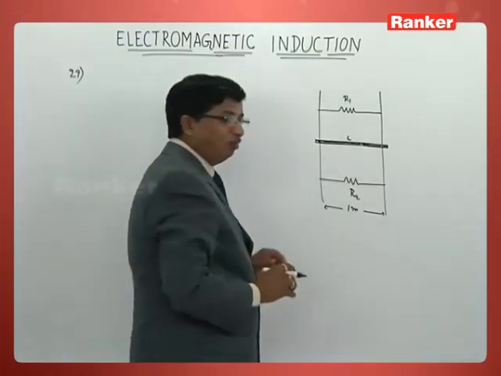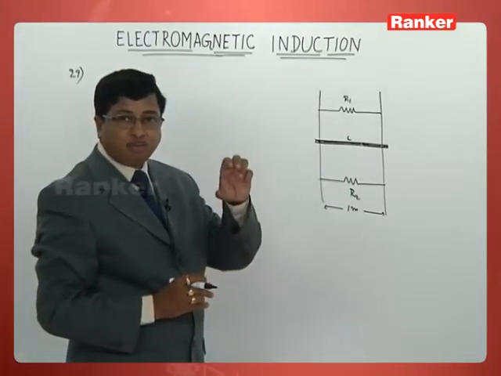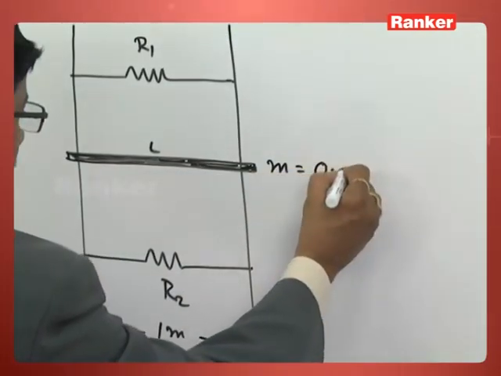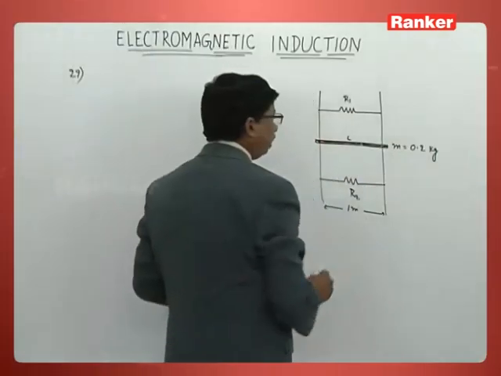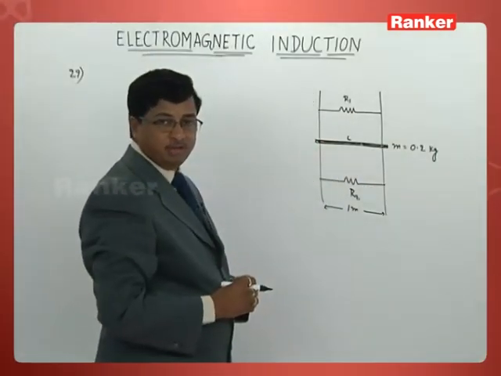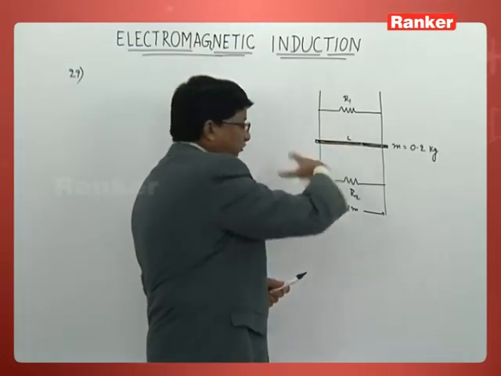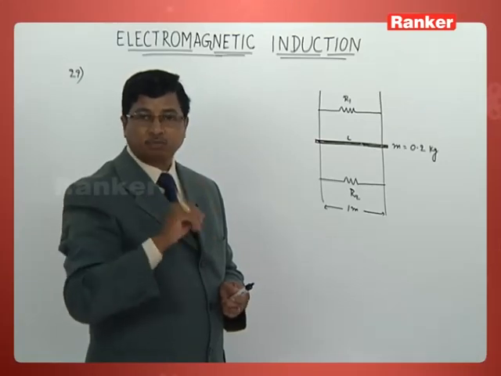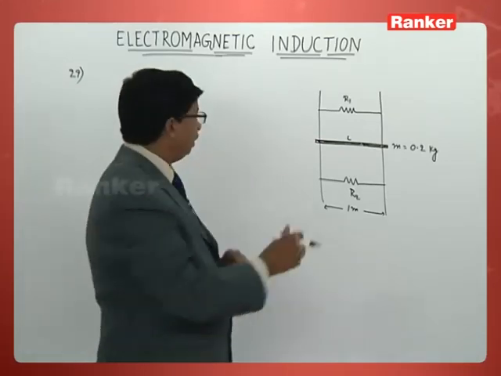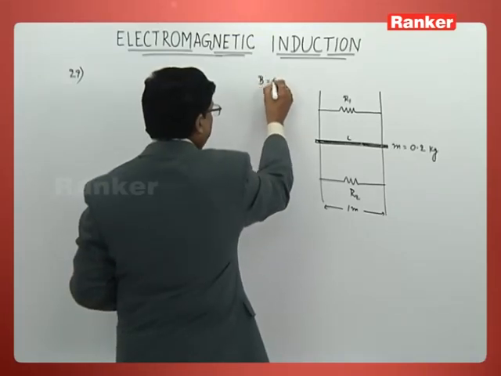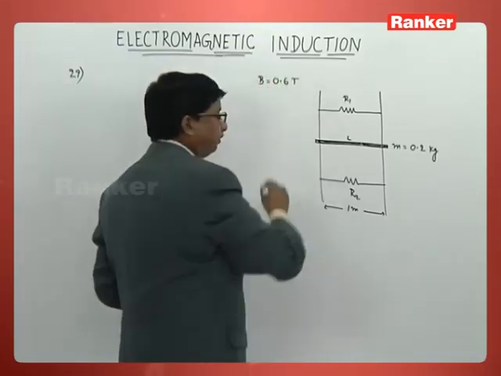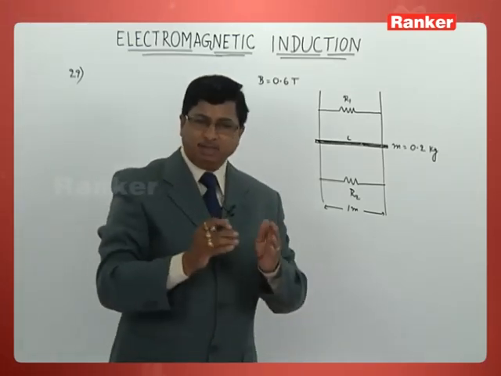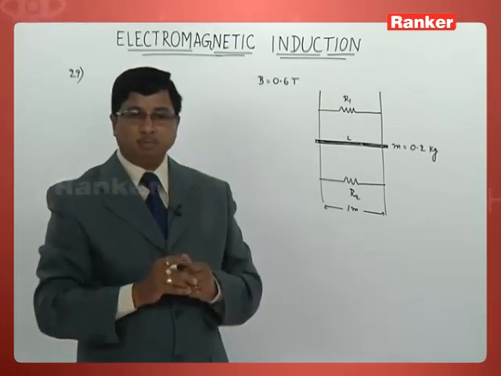Fine. And what did he say? Its mass is 0.2 kg. The mass of this particular metal bar is 0.2 kg. That's what has been mentioned. And perpendicular to this plane, there is magnetic induction. He has mentioned its value as 0.6 Tesla. The value of B is given as 0.6 Tesla. Observe that value given there. And he has given a wonderful condition in this problem.